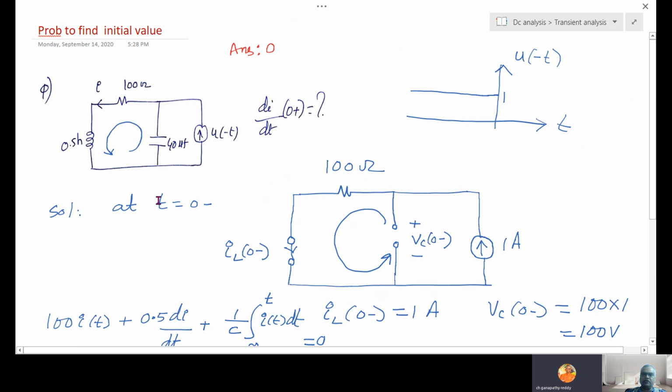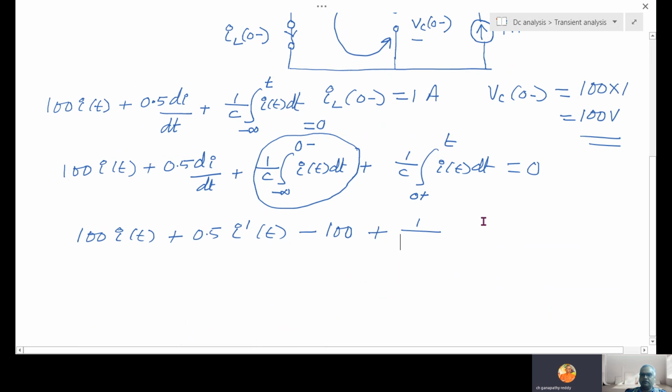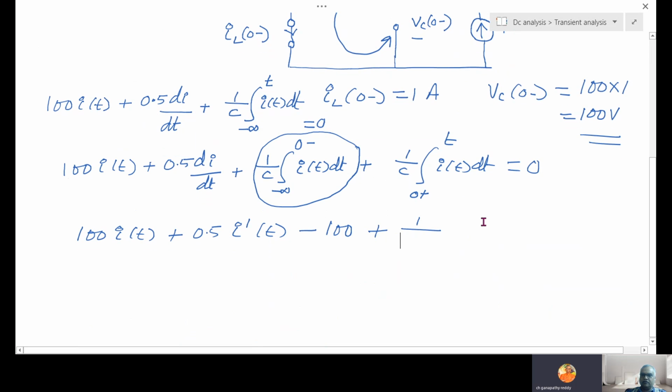What is the c value given? 40 micro. So this is 40 micro. Now integral from 0 plus to t of I of t dt equal to 0. So this is important. We take minus or plus.